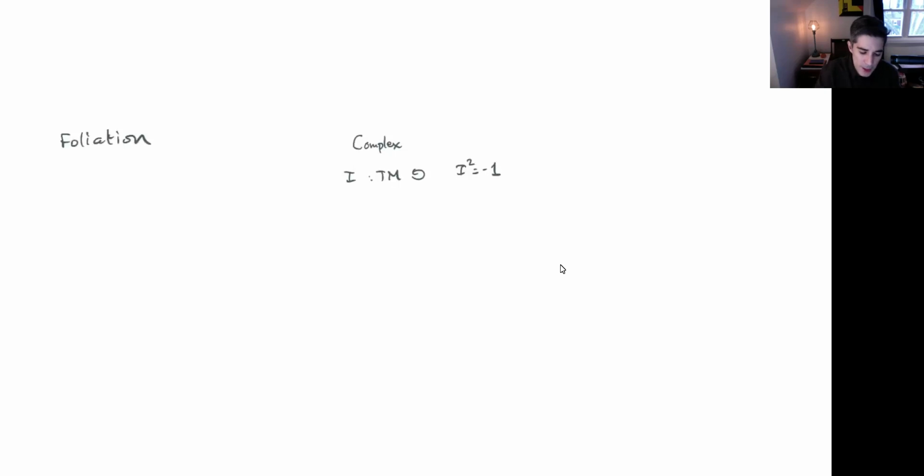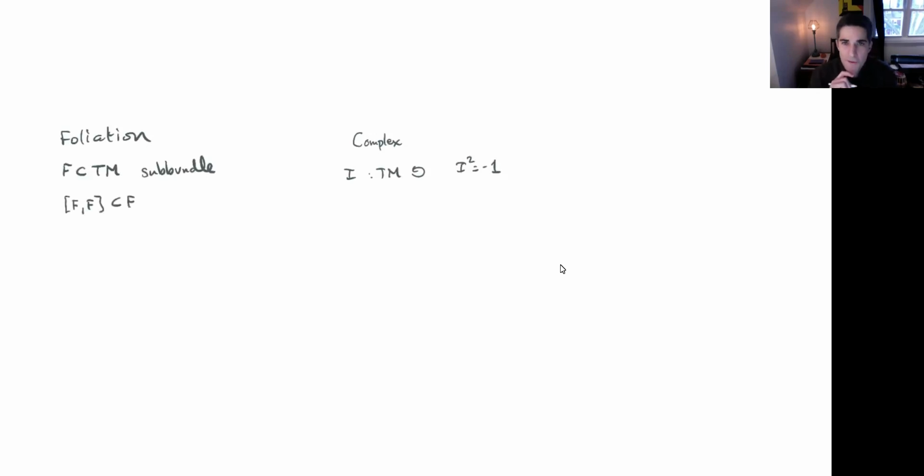So a foliation is a subbundle of the tangent bundle, which is involutive in the sense that if we take the Lie bracket of F with itself, it stays inside F. So sections of F would be closed under the Lie bracket of vector fields.